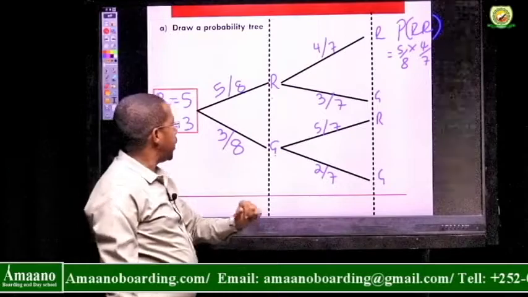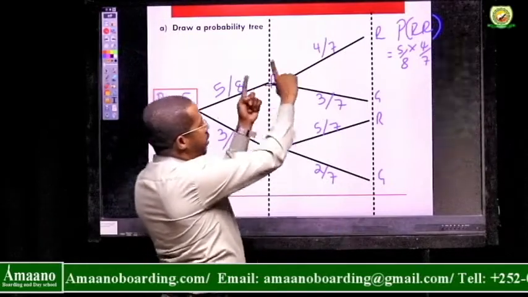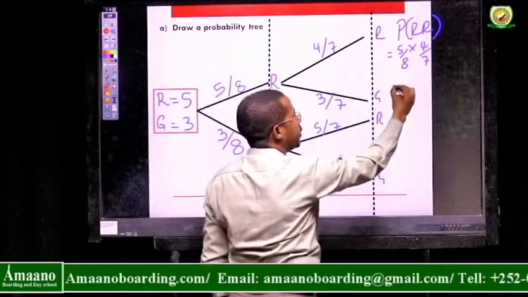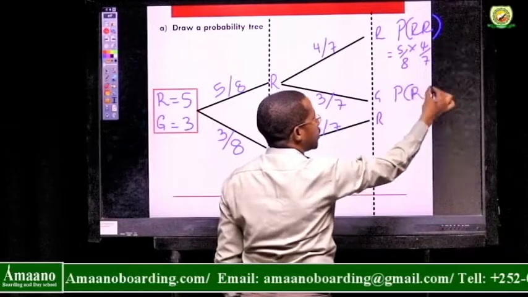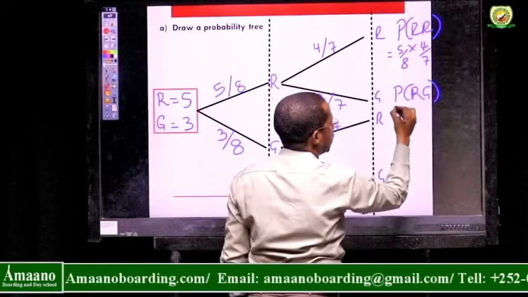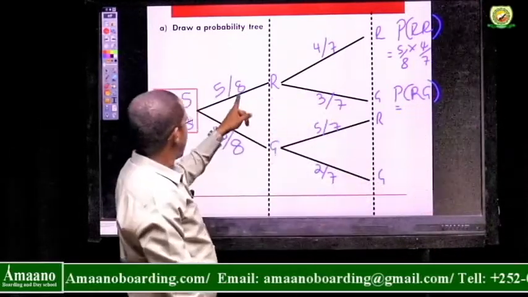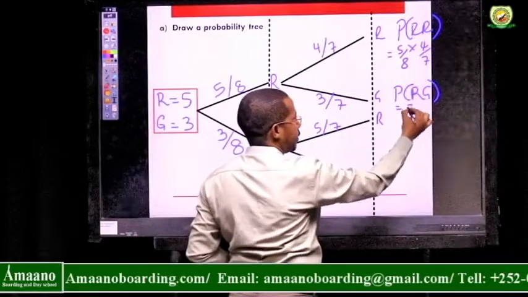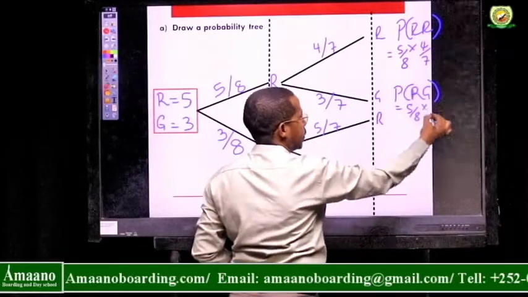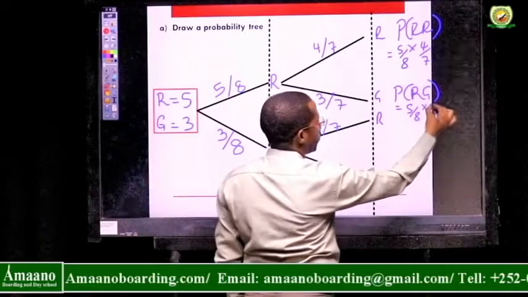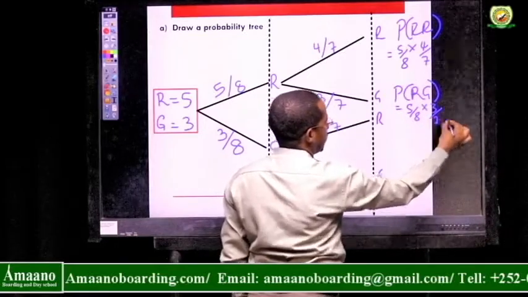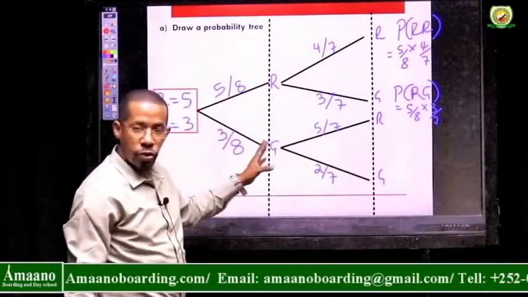If you need probability, first time he got red, second time he got green, which we can represent like this, So you multiply 5 over 8 times 3 over 7. And so on and so on.